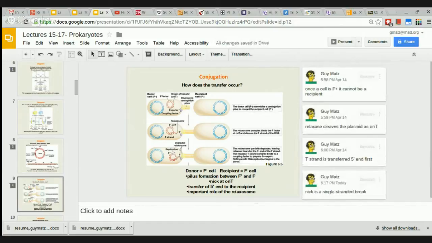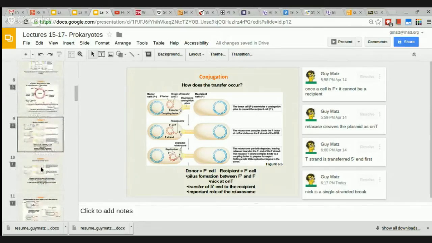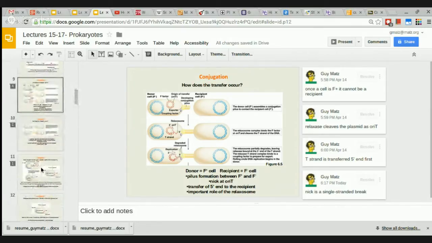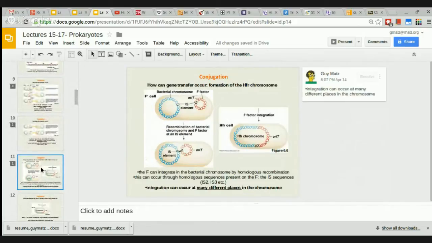You have to have clearly in your minds the notion of F plus, which is a donor cell, F minus, a recipient cell, and the notion of HFR, high frequency recombination, where the F is integrated in the chromosome. That integration occurs by homologous recombination using sequences present on both F and the chromosome, such as insertion sequences.